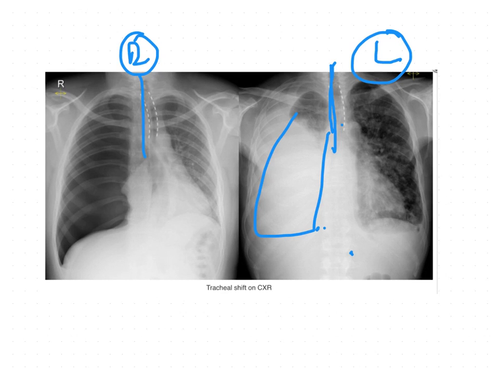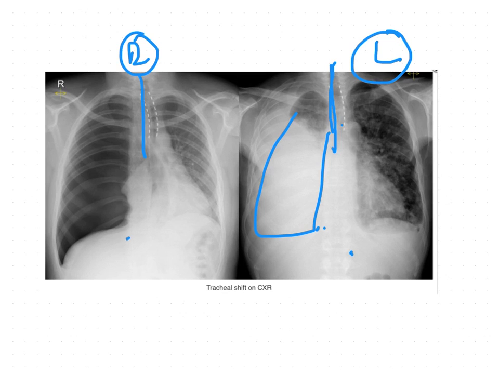You can't see the translucency of the lung, but you can see hyperlucency. Hyperlucency means reduced marking of the lung. You can't see the lung markings here. So this is a condition with a tracheal shift towards the left side.